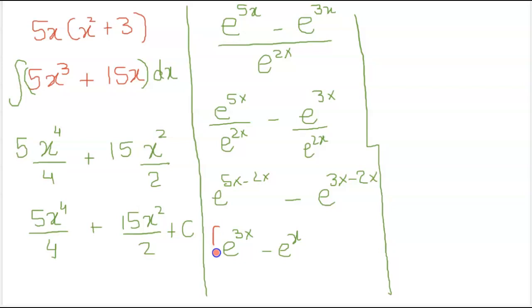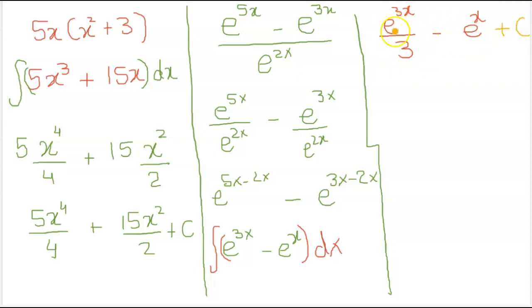After we got that simplified, we integrate this bit. Once we integrate the 3x, that will become e to the 3x over 3, if you remember the integration, and minus that e to the x is e to the x. But do not forget plus c.